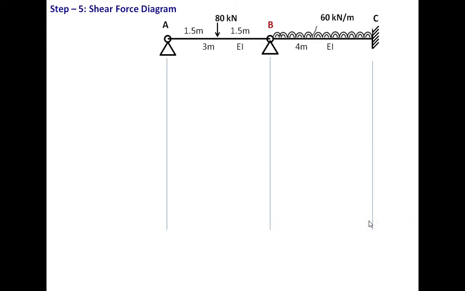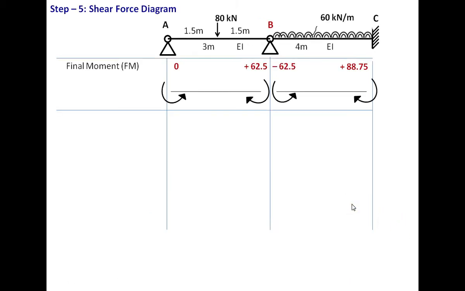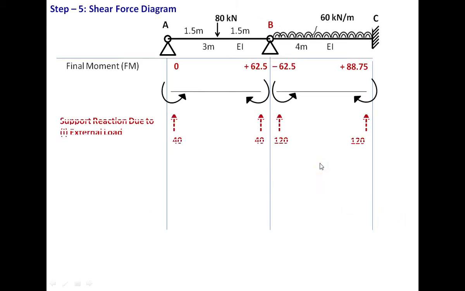Now we'll see how we can plot the shear force diagram. It is very easy to find the shear force. The method is that first we show the final moments as per their directions, like here these are hoggings and these are the values. Now the support reactions we find by addition of two things. First is the reaction due to external load.